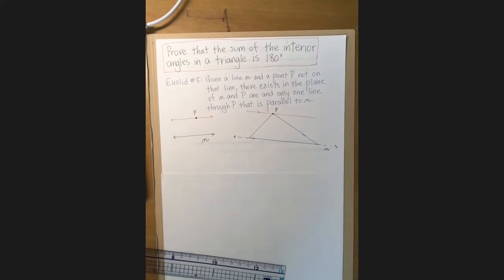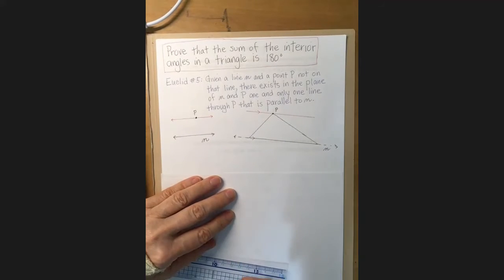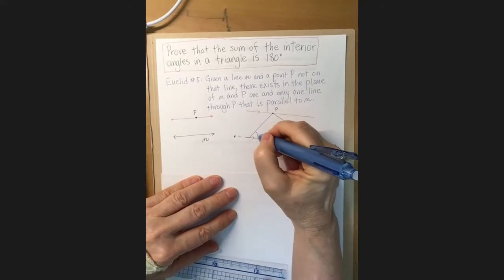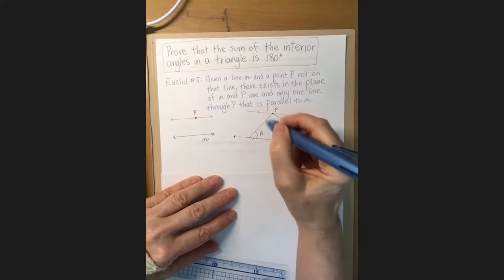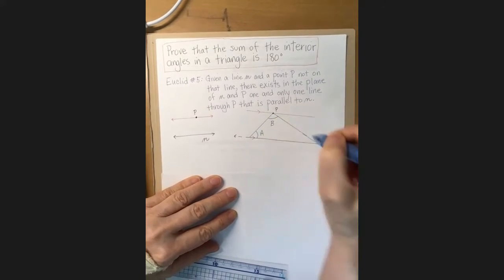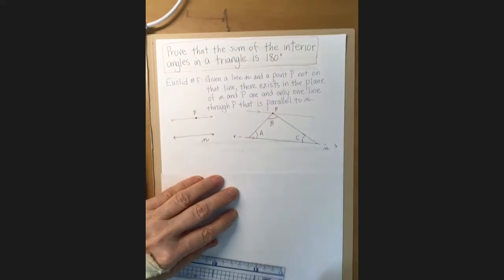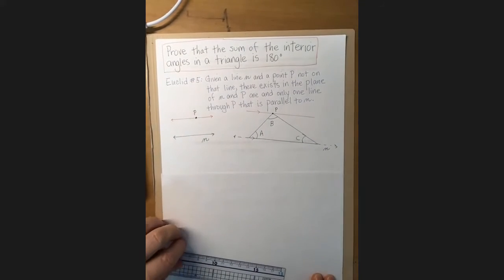So we have that all set up, and I'm going to use the angle designations from the text. So that makes this angle A, and the vertex angle is angle B, and the third angle is angle C. All right, we're ready to go.